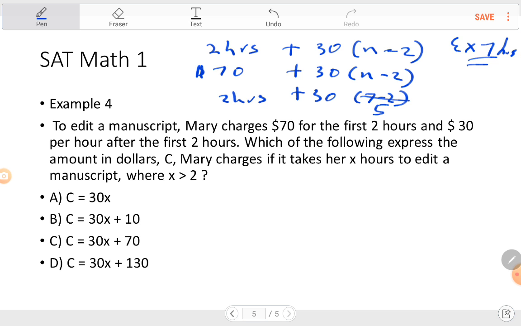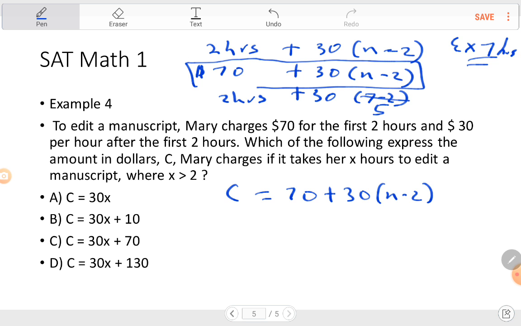So this is how the n minus 2 works. Here's our cost: $70 plus 30 times n minus 2. I'm using that for our cost.